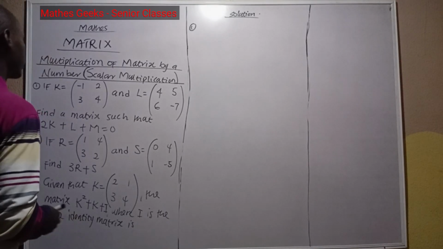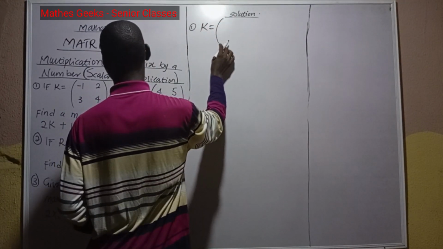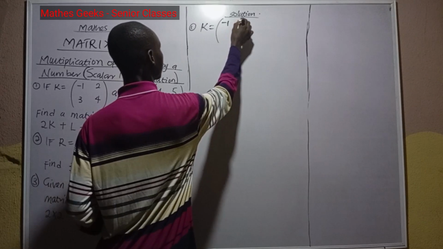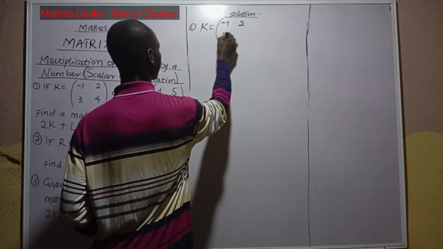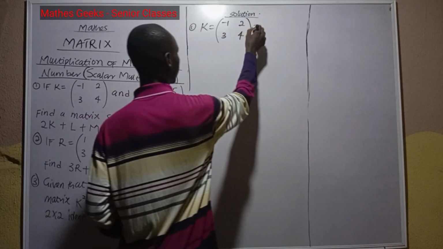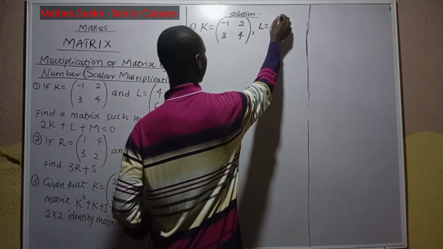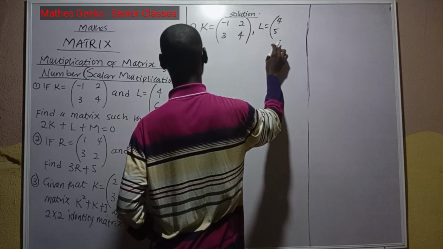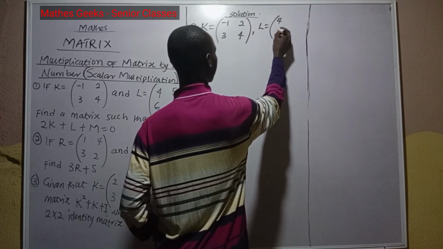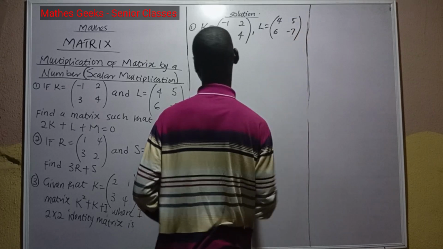So if K is minus 1, 0, 2, 4, and matrix L is 4, 5, 6, minus 7.